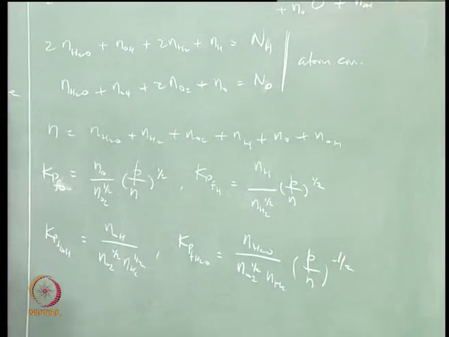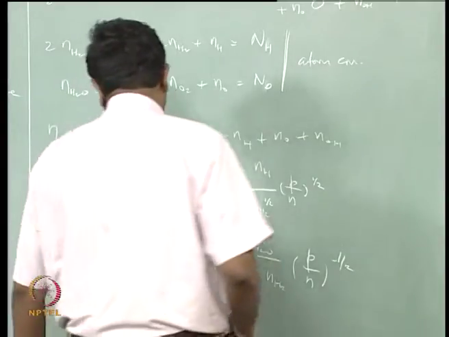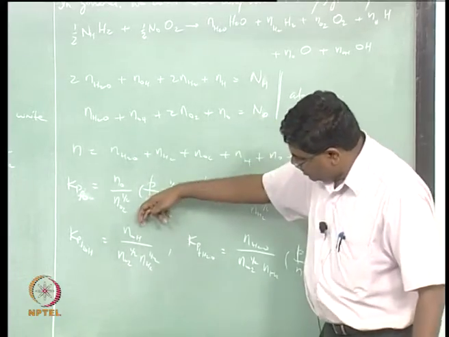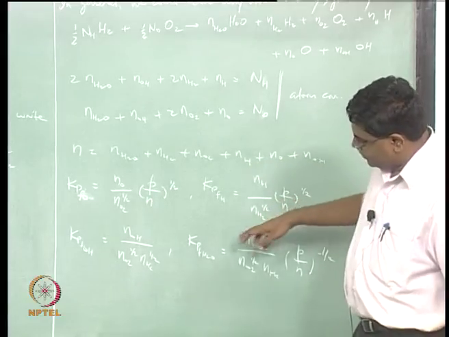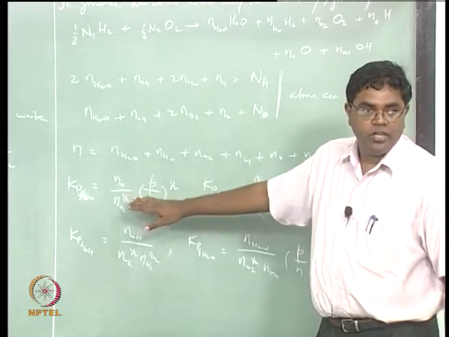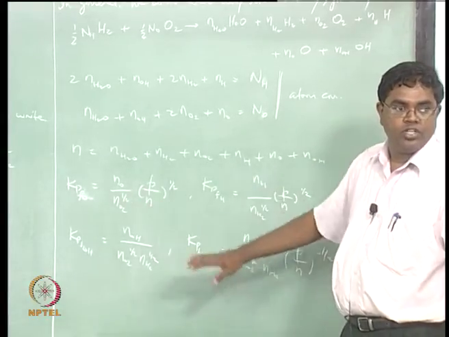All right, from this we will now do this rewriting in the next class. So effectively what we want to do is write each of these NO, NH, NOH and NH2O in terms of NO2, NH2, because the denominators are all in terms of NO2 and NH2.